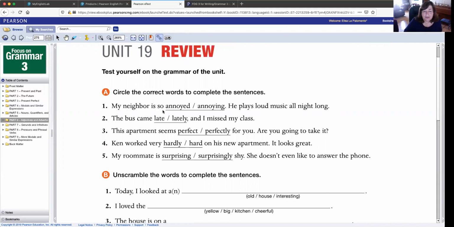My neighbor is so annoyed, which means she feels that feeling, or my neighbor is annoying, meaning that the neighbor causes the feeling, and actually it's a he. He plays loud music all night long, so that means he, the neighbor, is causing someone to feel annoyed. He causes it, so he's annoying. My neighbor is so annoying. He plays loud music all night long.